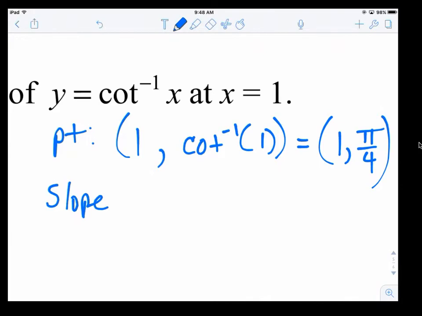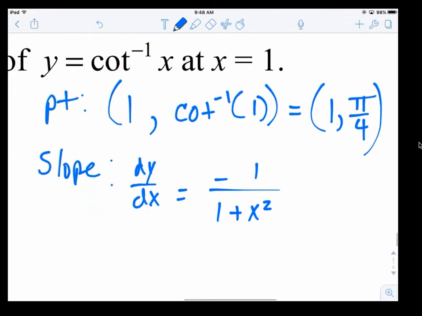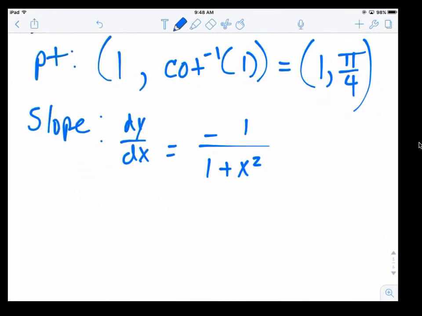Now the slope, we just get from the derivative. So the derivative of inverse cotangent is, well, you know tangent, and cotangent is just negative.